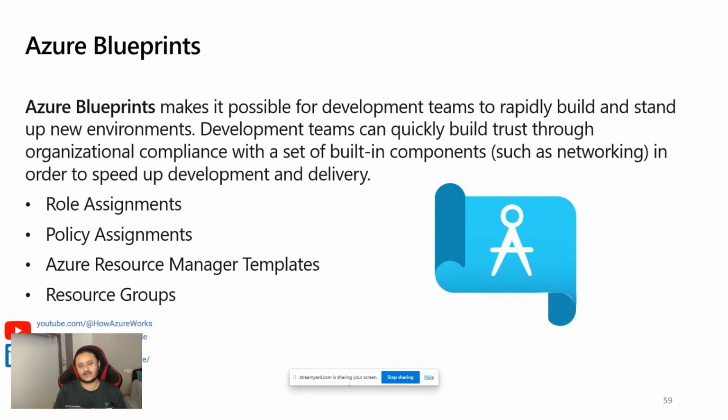Everything you can define in the blueprint, so that when you are going to create the new environment, it will check all these resources against your blueprint to validate that everything is as per the blueprint or not, and according to that your resources will be spun up.